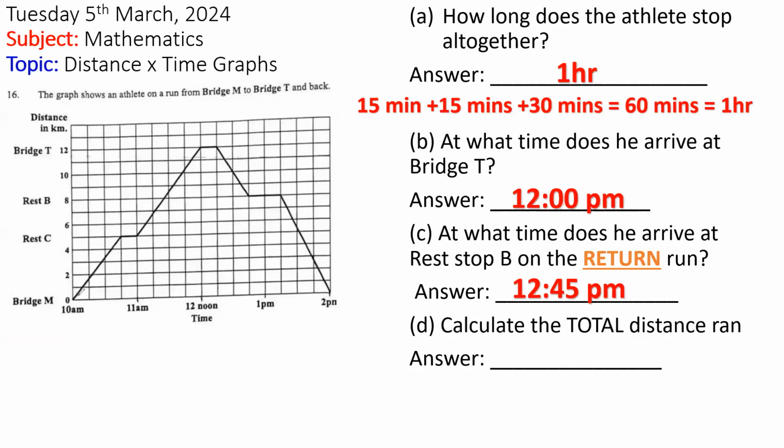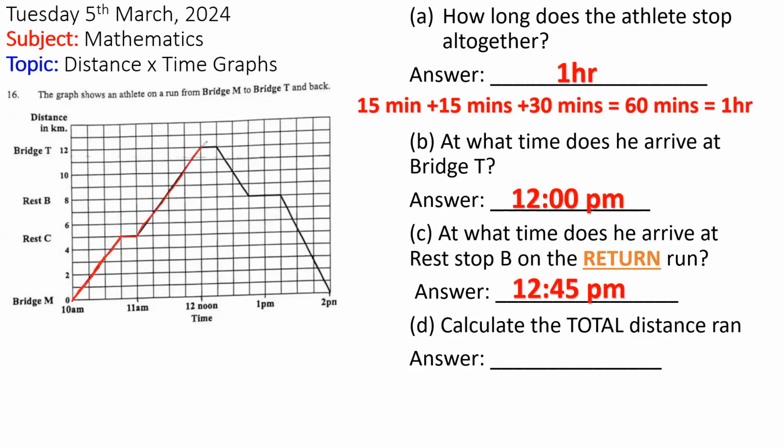If we move from here to here, from 0 all the way up to here, what's the distance that we run? That's going to be 5 kilometers. And then we go up some more, all the way up.